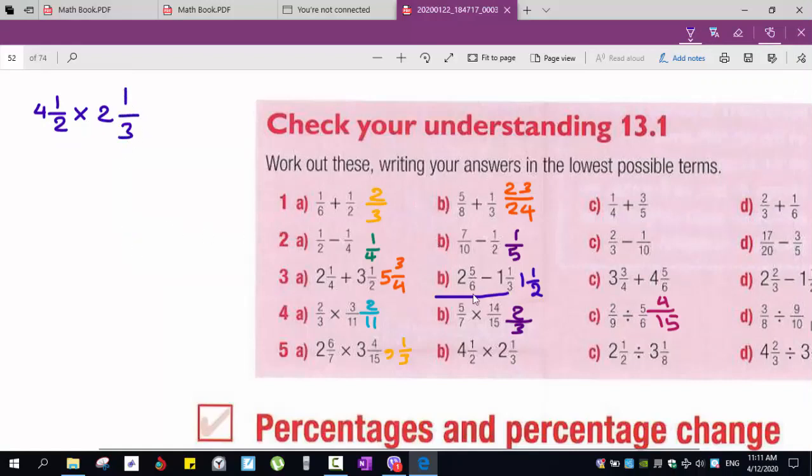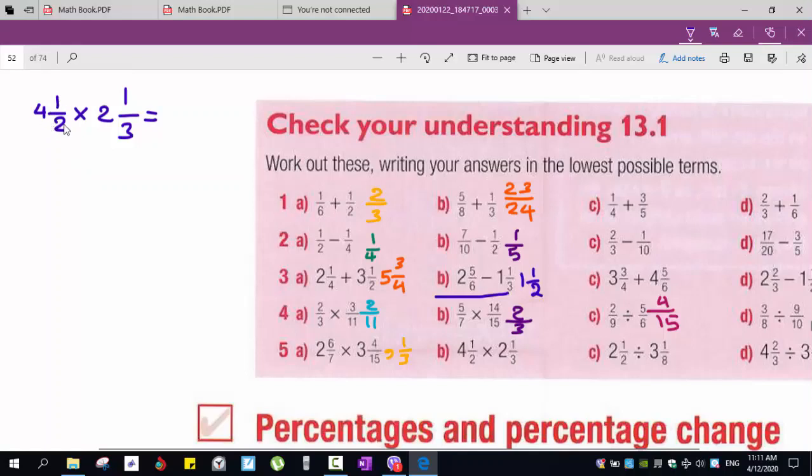These ways that I explain here, they work without a calculator. If you see some questions like this in the calculator paper in checkpoint, you better use a calculator because it saves time.